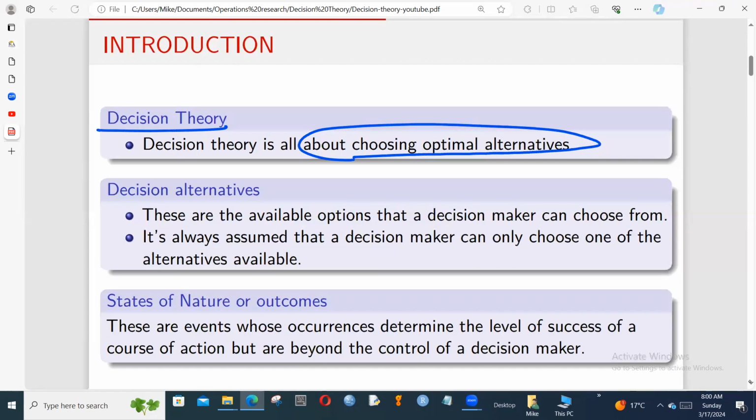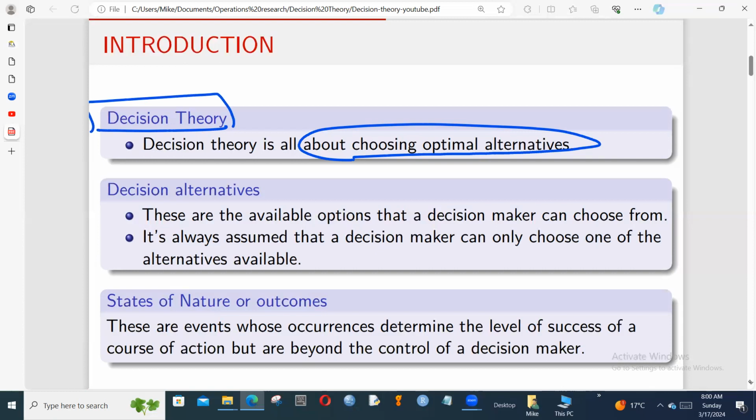We want to make a decision. So the process of you identifying the best choice out of the many choices or strategies you have at hand is what decision theory is all about.